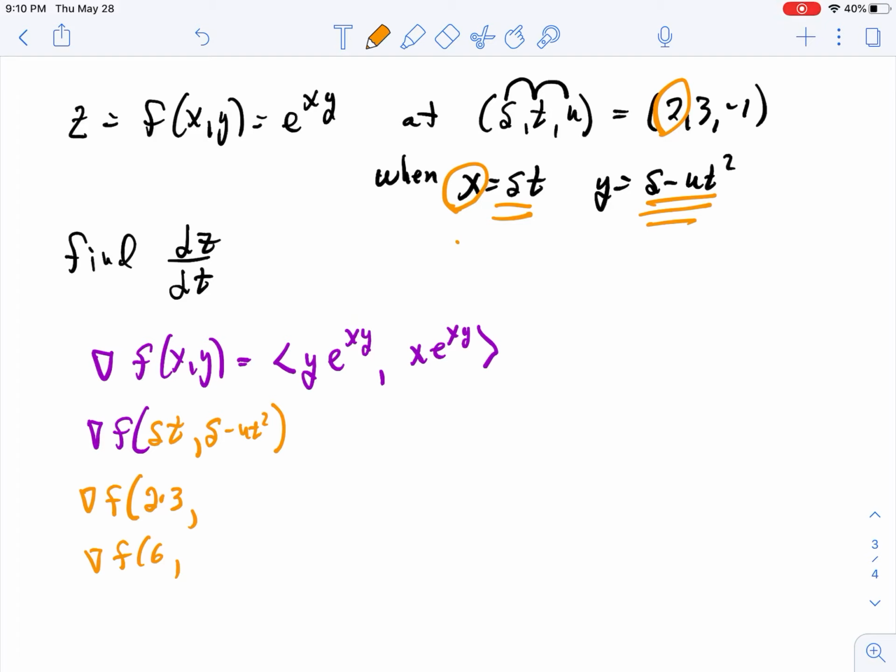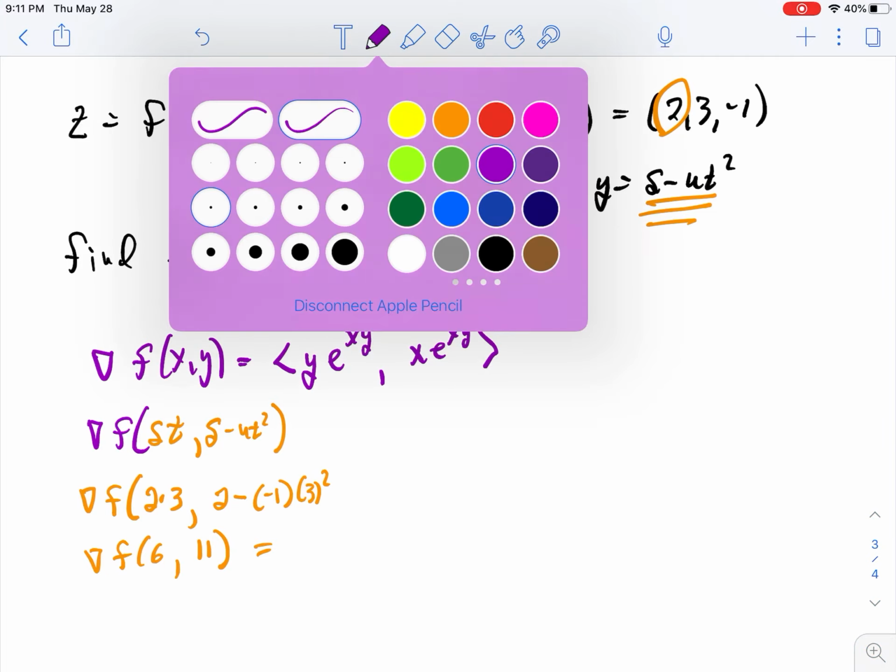So it looks like that's going to be 6. My s, again, is 2, minus my u, which is negative 1, times my t, which is 3 squared. So what is that? 2 plus 9. So it looks like 11.